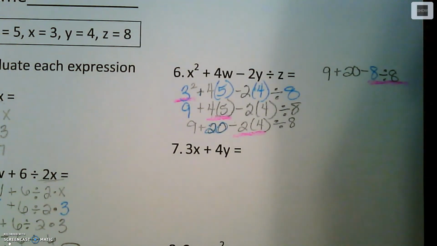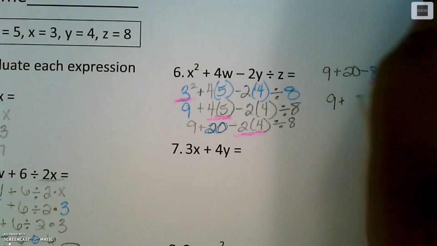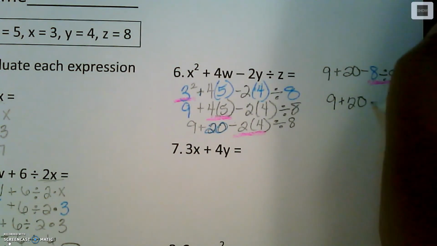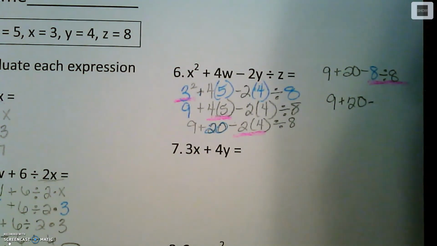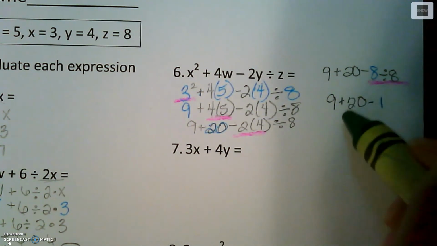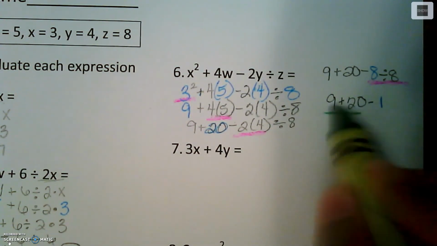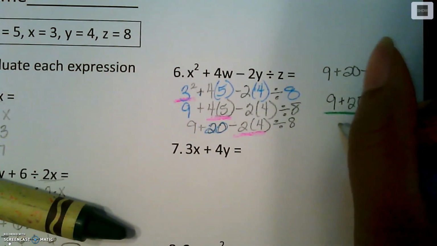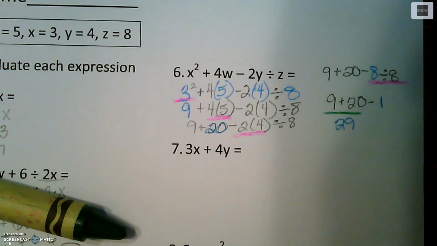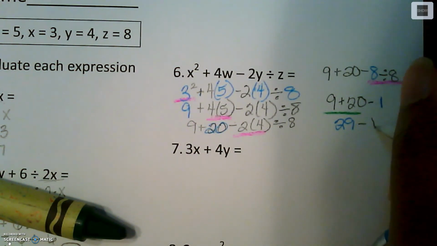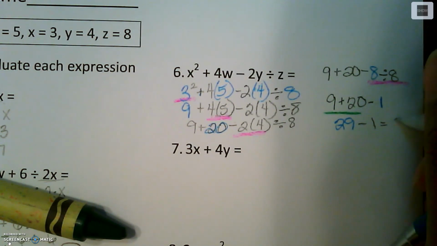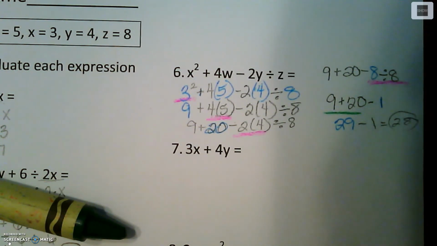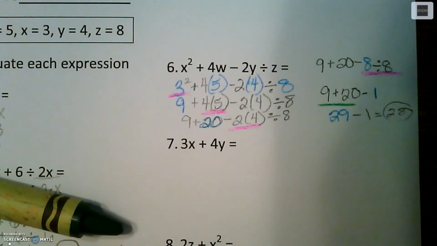So I have 9 plus 20 minus 8 divided by 8 is 1. I dropped my daughter's crayon. Got another one. Next operation I'm going to do is adding. So 9 plus 20 gives me 29 minus 1, which gives us 28. We should have got 28 for number 6.